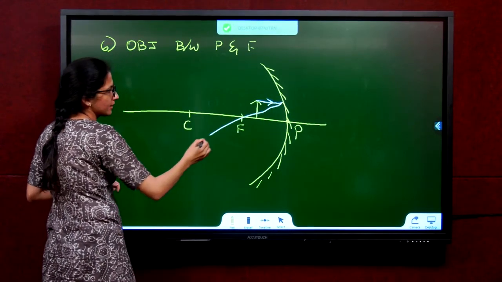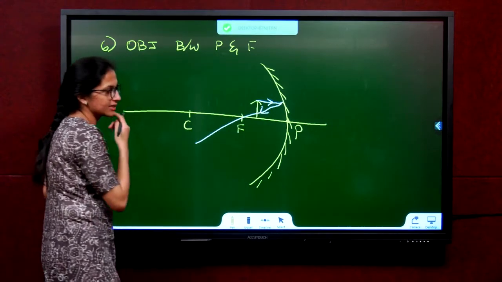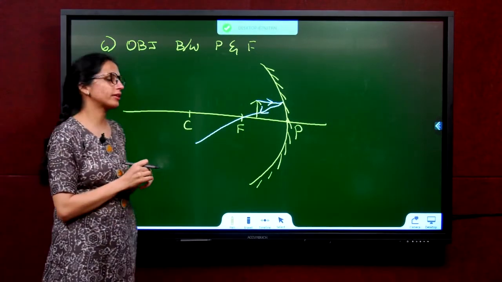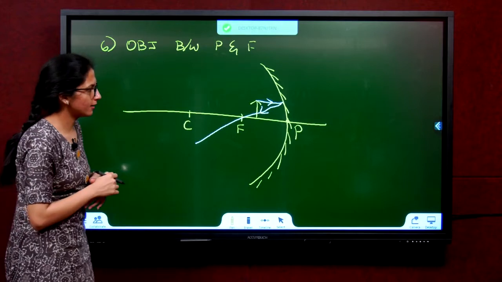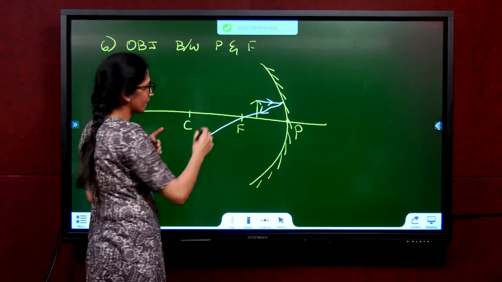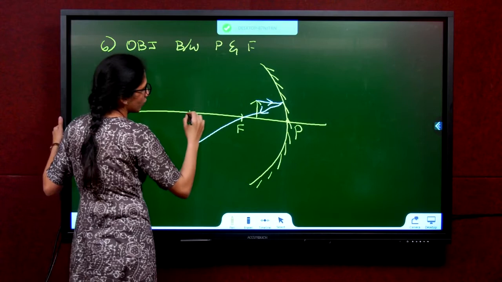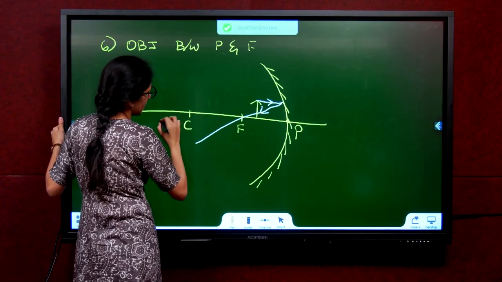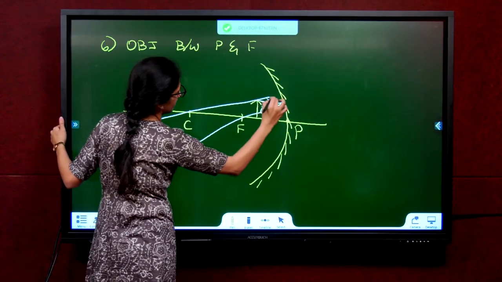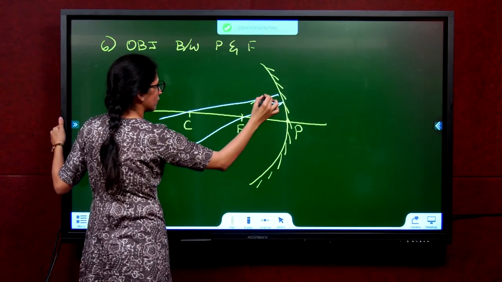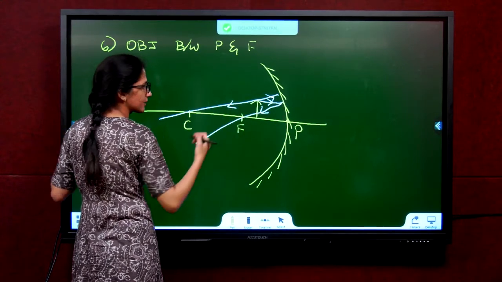So use your scale please. Next, a ray passing through the focus goes parallel. You can use that, or we'll use the C ray. Since this is C, take your scale and join this point and this point. So it will go here and come back in this direction.